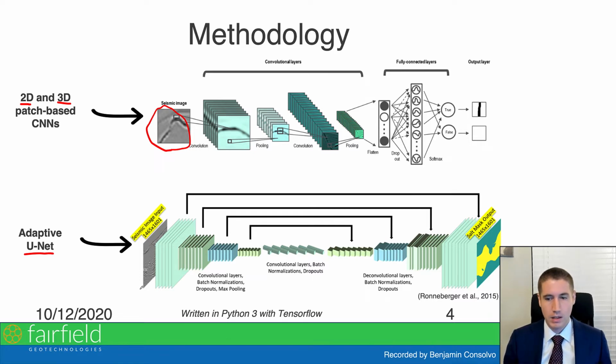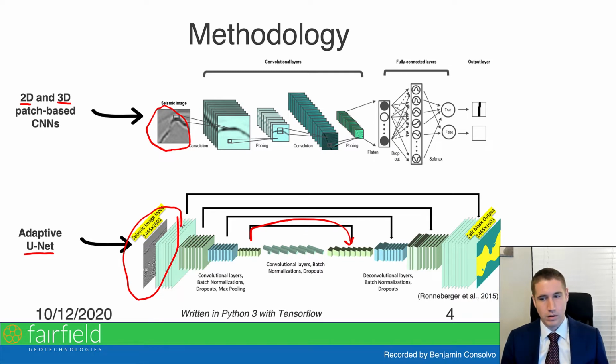Both the patch-based and U-Net-based methods use convolutional layers, dropouts, max pooling layers. Two key differences with the U-Net approach as compared to the patch-based approaches is that number one, the prior convolutional blocks actually directly inform the later convolutional blocks here, and the second is that the entire context of the whole inline image is used, whereas only small patches are used in the patch-based approach.